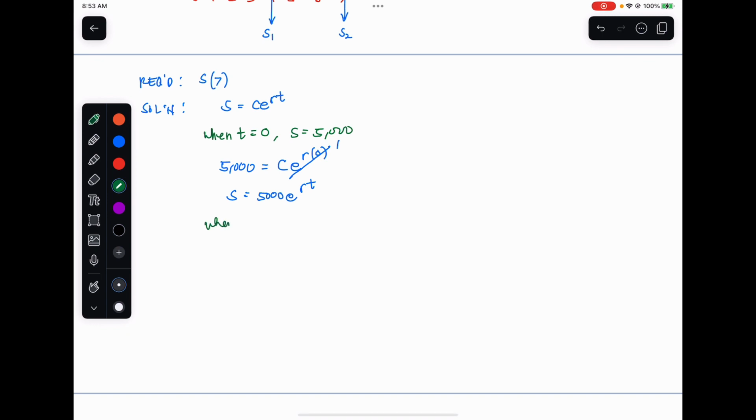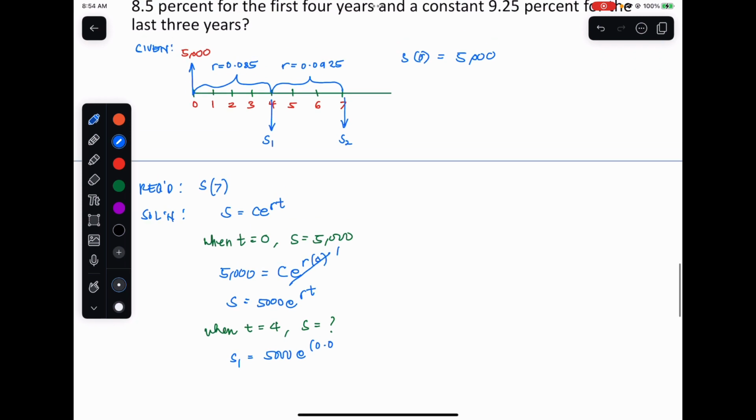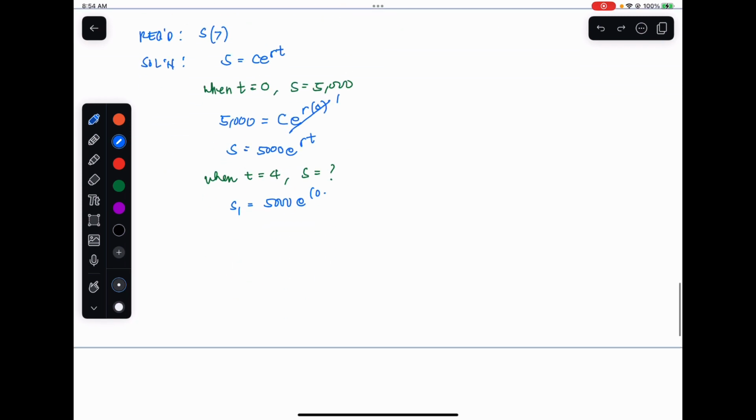But then when time is equal to 4, we don't know what our S would be. So when time is equal to 4, that is our S1. S1 will be equal to 5,000 e^(rt), where our rate for the first 4 years is 0.085 and our time is 4.